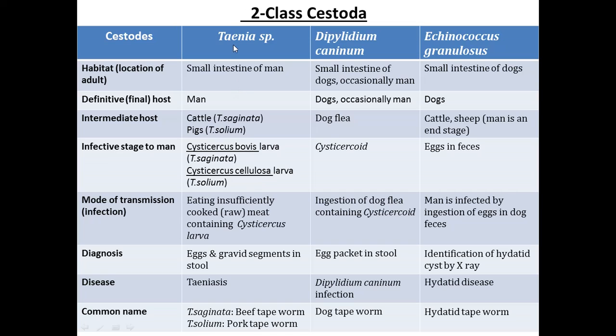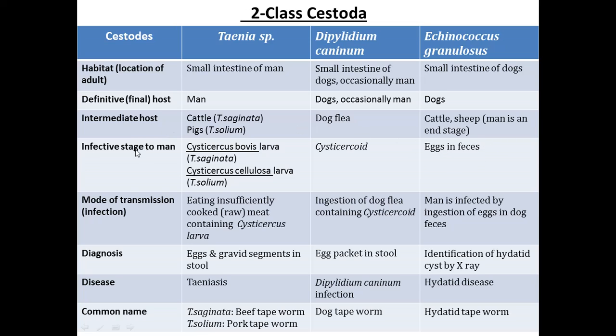In case of Dipylidium caninum, the infective stage is called Cysticercoid, not Cysticercus, Cysticercoid. In case of Echinococcus granulosus, the infective stage to man is eggs in feces.